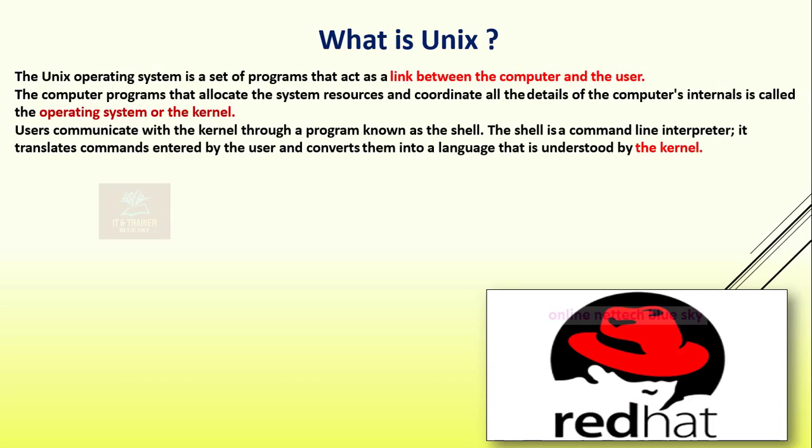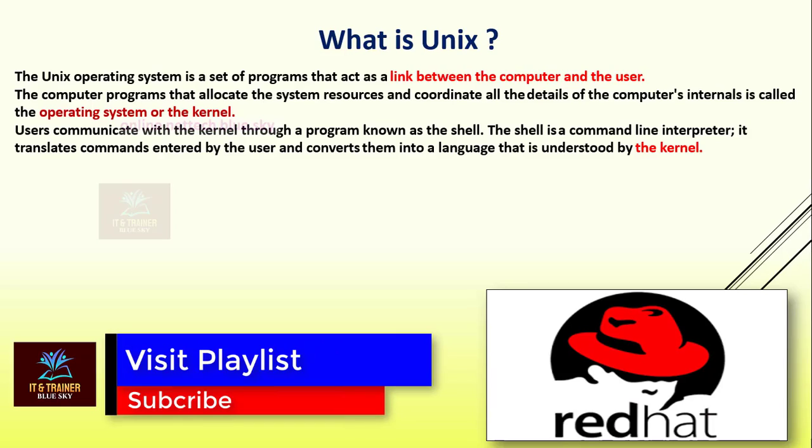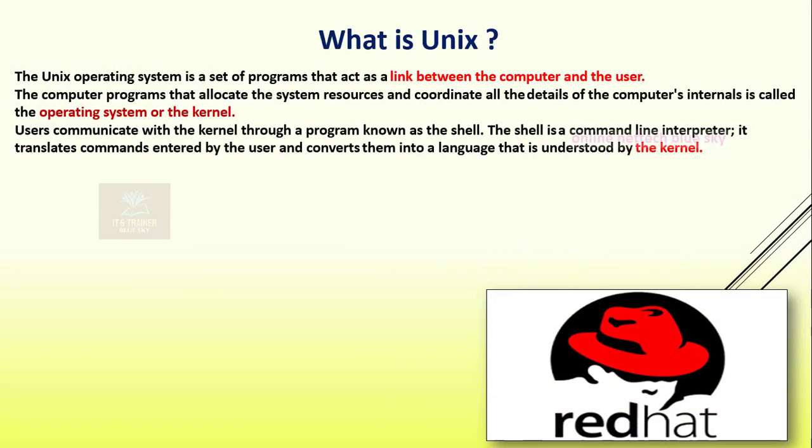This is important: the user communicates with the kernel through a program known as the shell. A shell is a command line interpreter. It translates commands entered by the user and converts them into the language understood by the kernel.